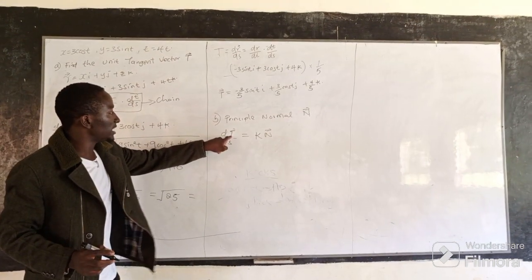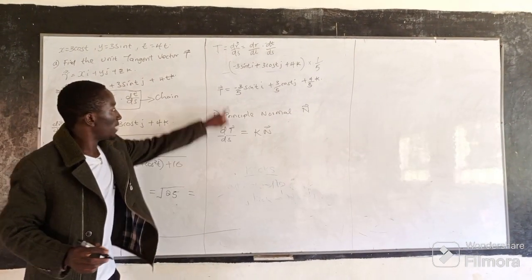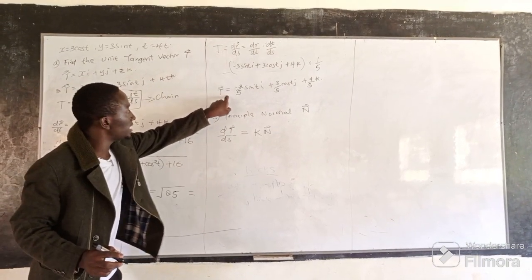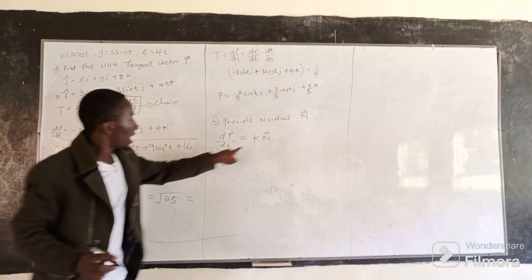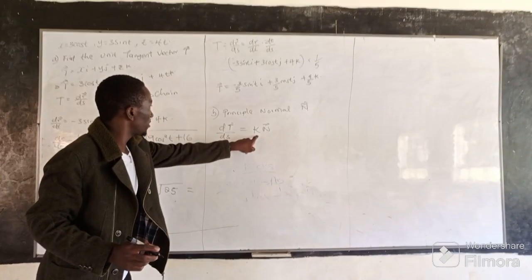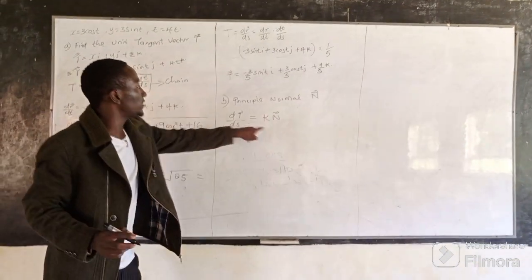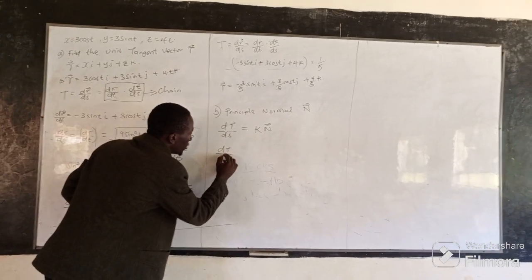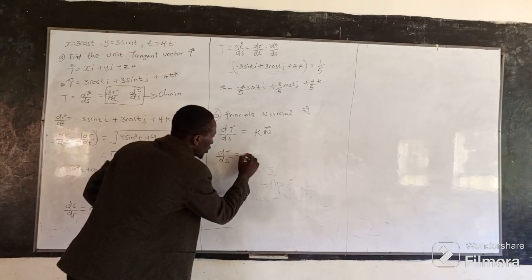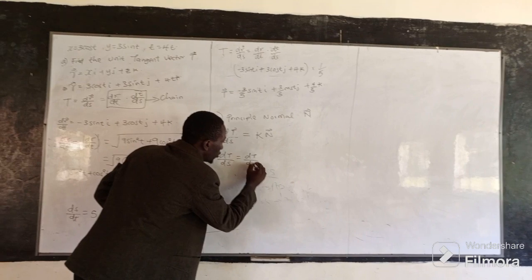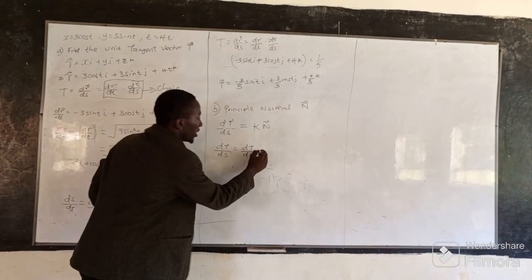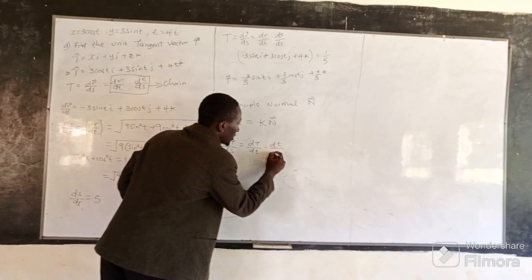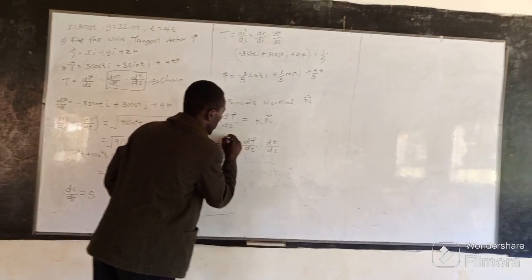I'm already having T here, I can find dT over ds. I'm already having k, you can find it from this formula. So I can say that dT over ds is equal to dT over dt, the small t, multiplied by dt over ds.